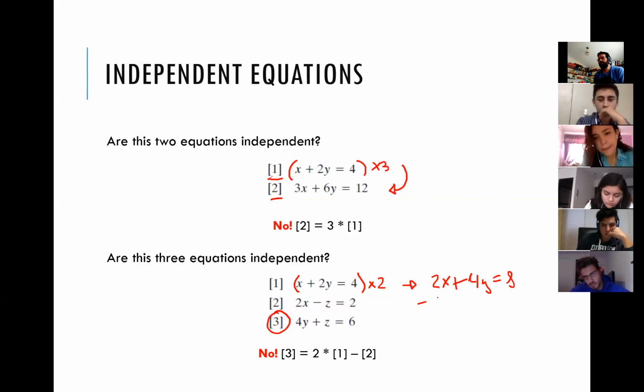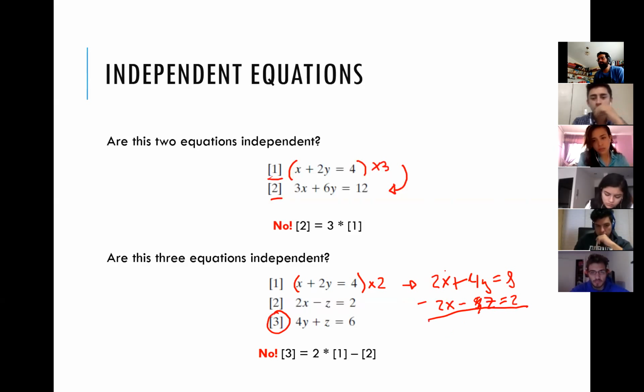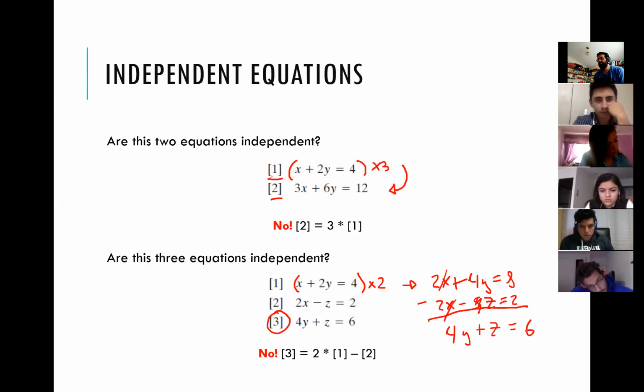And if we subtract the last one, 2x minus c, sorry, that was the c minus c, is equal to 2, right? So if we do that, the 2x cancel, so this is 4y. We change the sign because we have a minus and a minus, so it's plus c, and this is 8 minus 2, right? And it's equal to 6. Okay, so you see that these three equations are not independent.